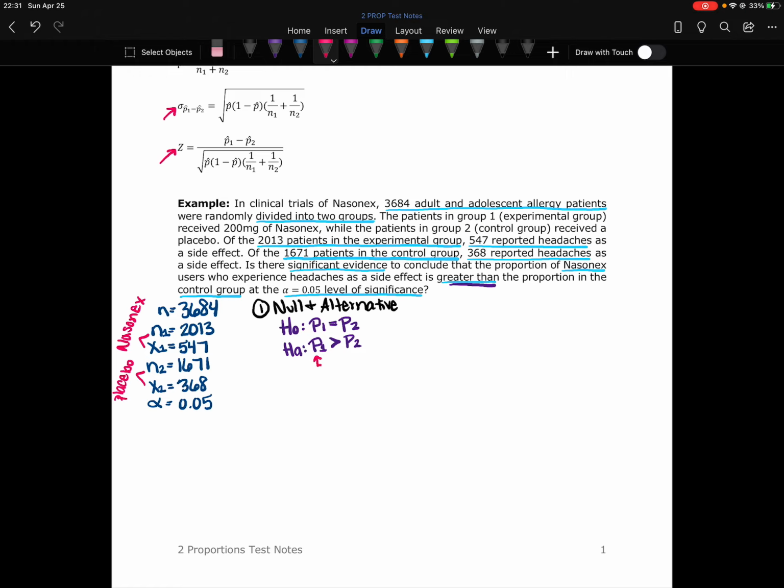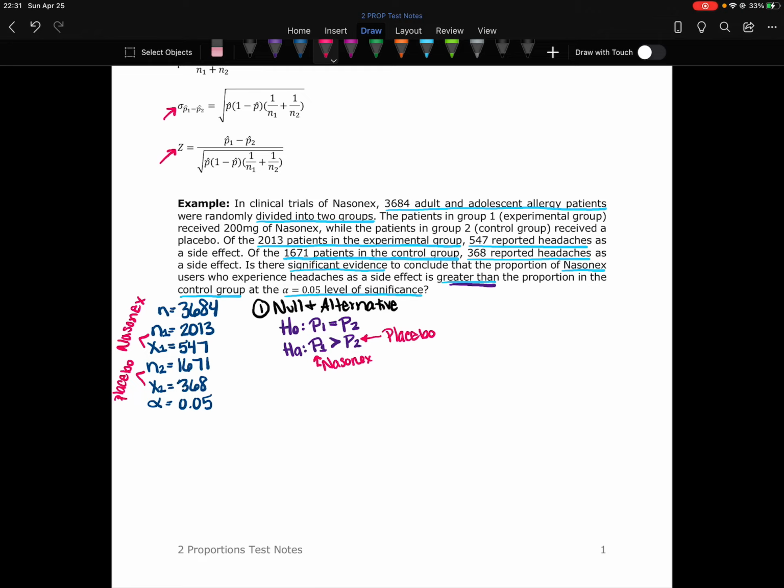So then when you come down here, you know, okay, P1 represents the population proportion. If I were to put this out for everyone that would be getting headaches on Nasonex, and P2 would be the placebo.